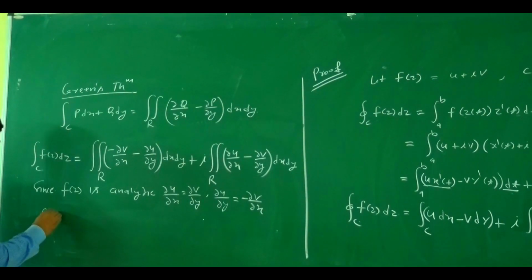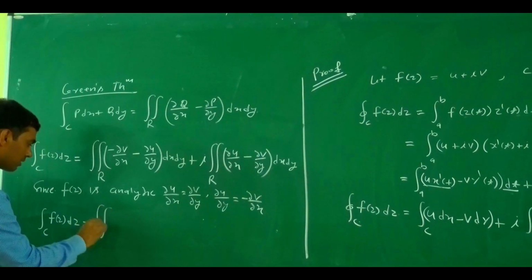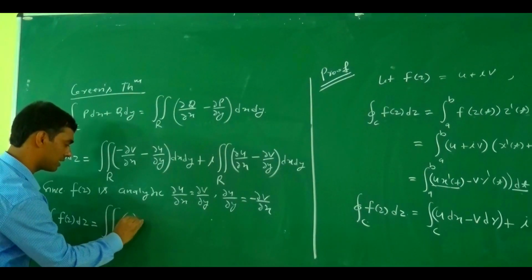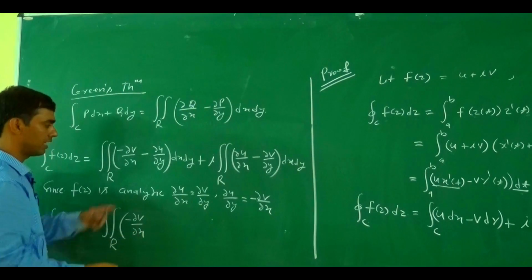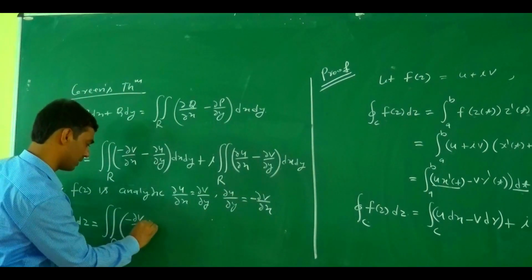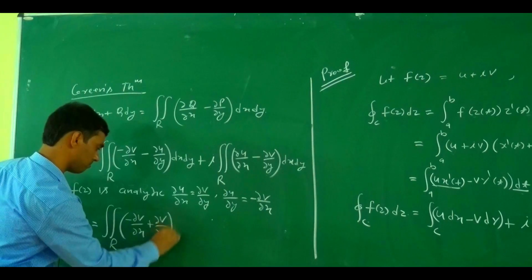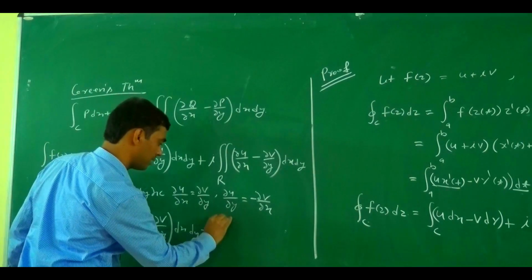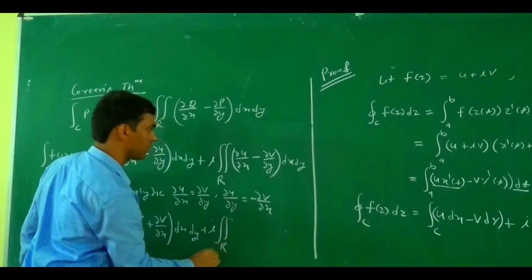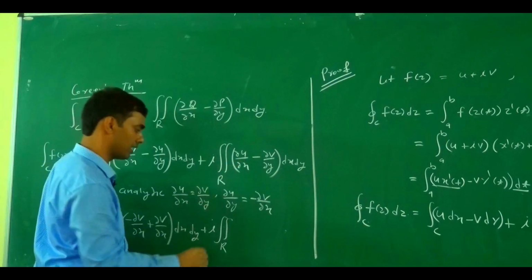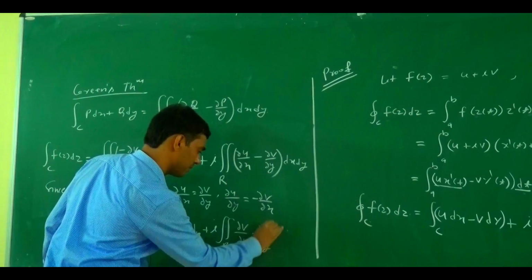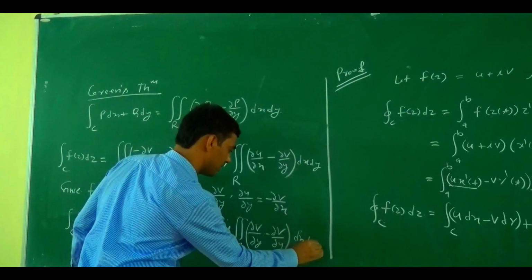So the integral over C of f(z) dz equals the integral over R of minus del v upon del x, and del u upon del y equals minus del v upon del x, so this becomes del v upon del x minus del v upon del x, dx dy, plus i times the integral over R, where del u upon del x equals del v upon del y, so del v upon del y minus del v upon del y, dx dy.